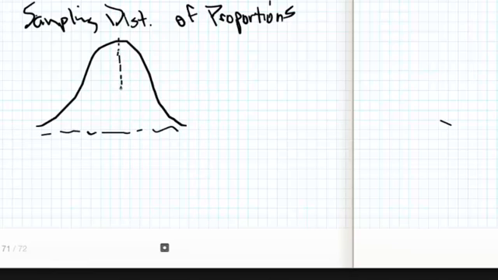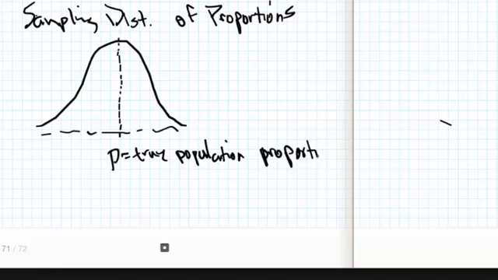And the mean of this distribution, this guy living right in the middle, would be the true population proportion.